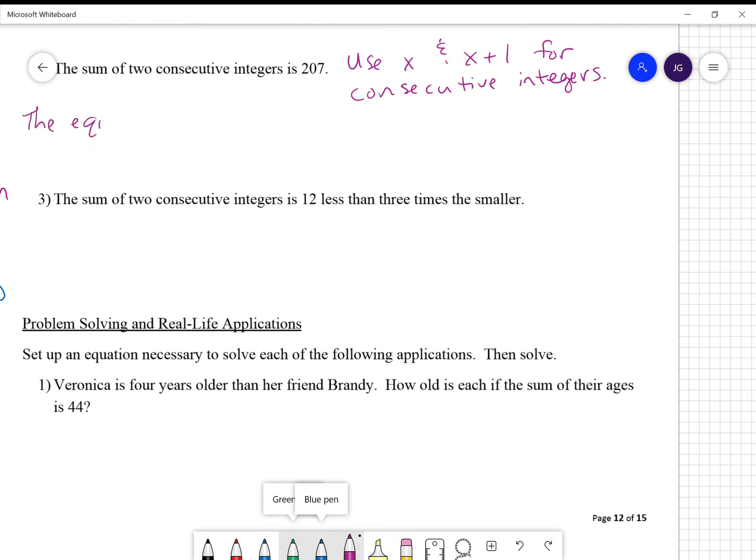The equation is, I'm adding them, so I will have x plus x plus 1 equals 207. Use algebra to solve.